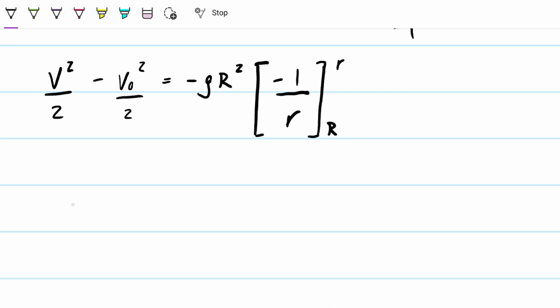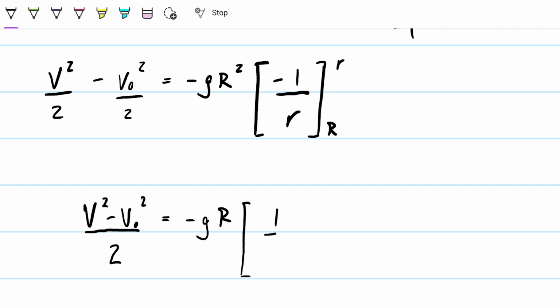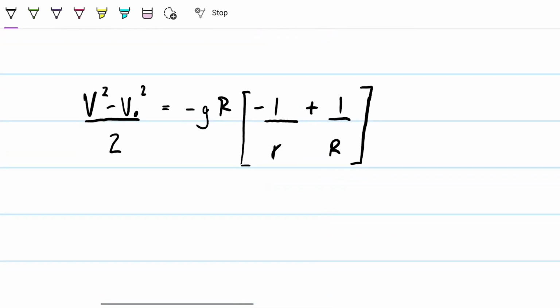And now if that's true, then I'm going to go ahead and say v squared minus v naught squared divided by 2 equals minus g, or g times M. And then this becomes 1 over negative r, and then minus negative, so positive 1 over uppercase R. Brilliant.